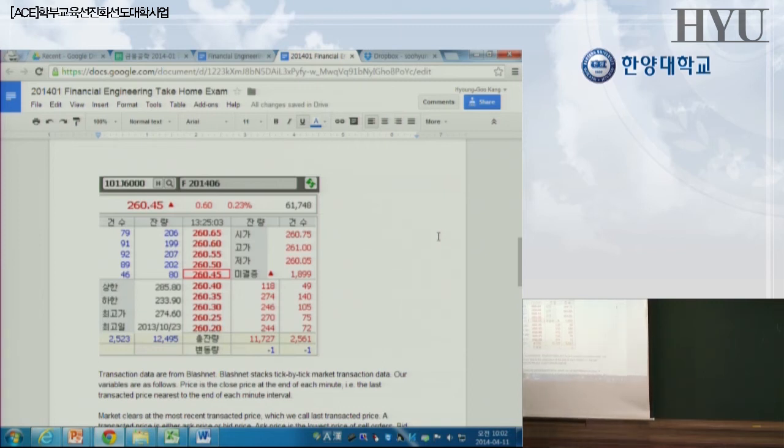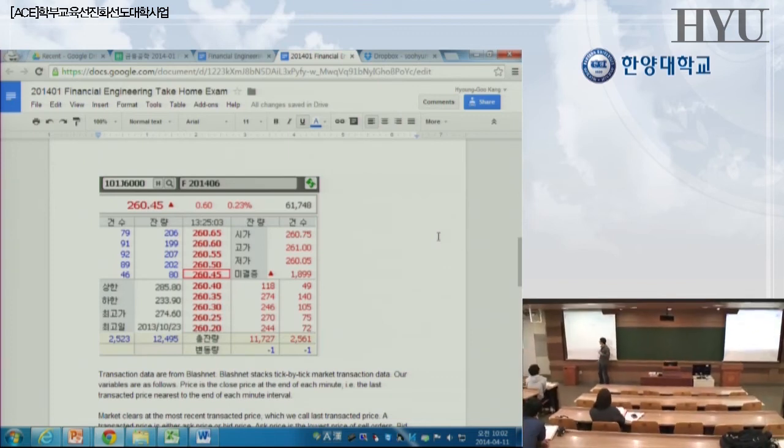Likewise, we have buy limit orders. This is the market price, and below it at 260.40 there are 118 buy limit orders waiting. They want to buy stock if the stock price is below this one, but the price is above it, so they are not executed.